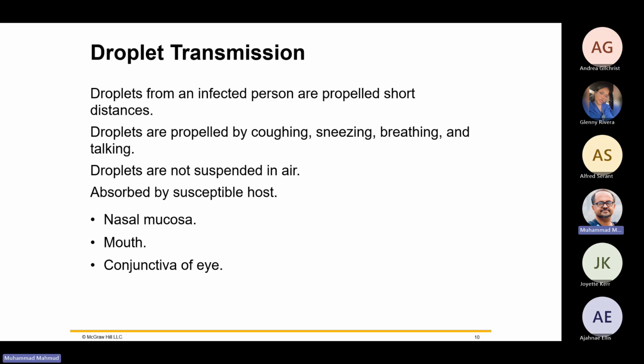Now, droplet transmission. This is a form of contact transmission that occurs when the infected person coughs, sneezes, or breathes near, usually within 3 feet of the susceptible host, or when infected blood or body fluid splashes onto the susceptible host during specimen handling. The droplets are not suspended in the air as they are in airborne transmission.